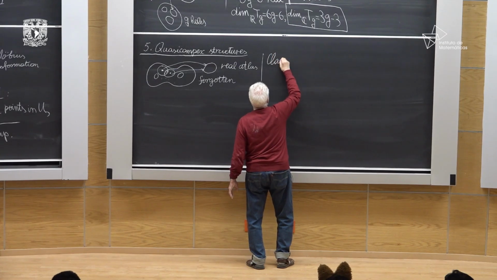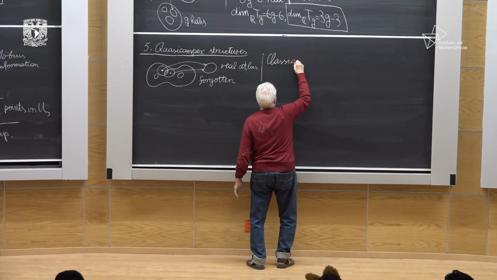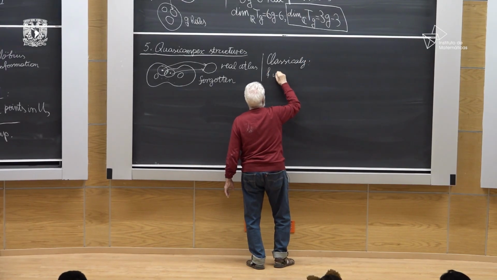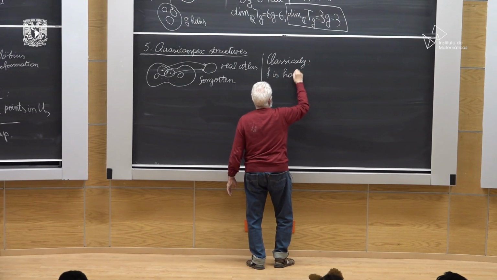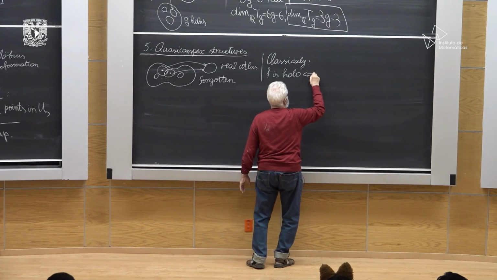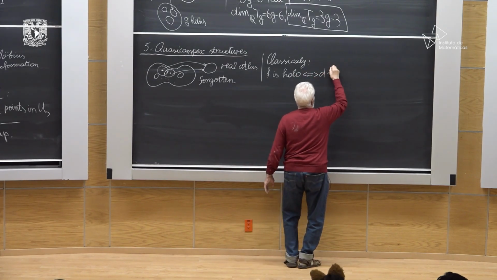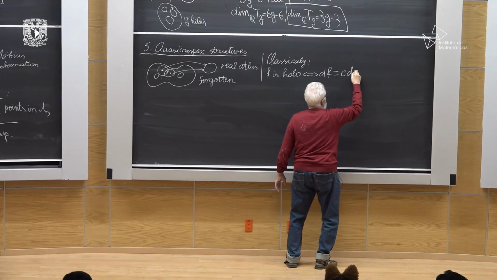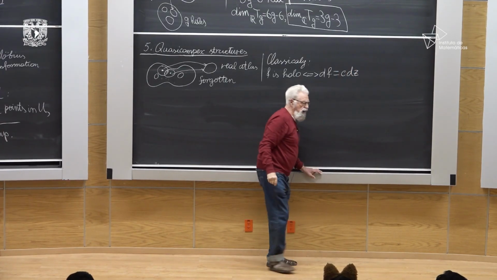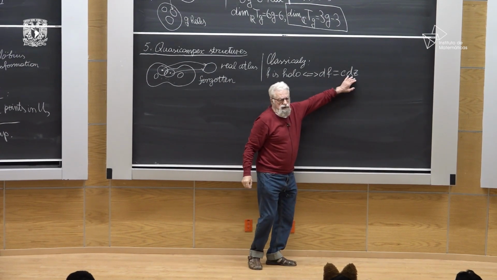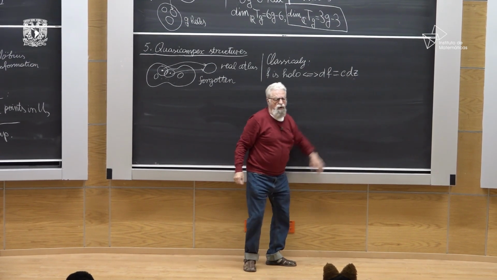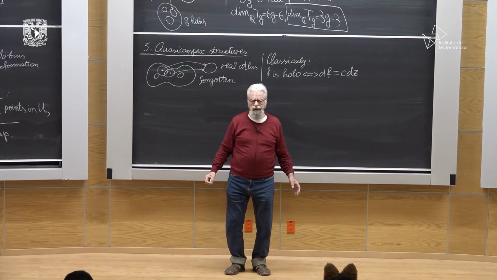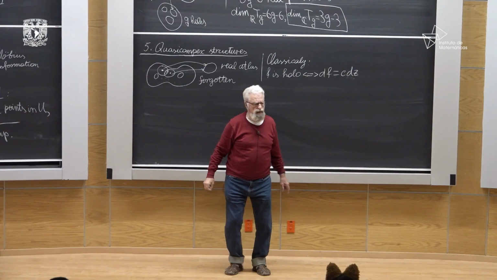Classically, f is holomorphic if df is proportional to dz. And now we forgot this z. We only have one form written in real coordinates.